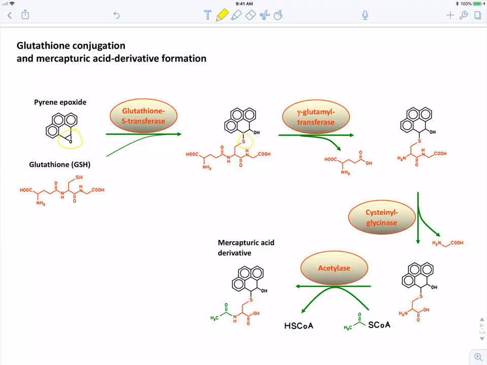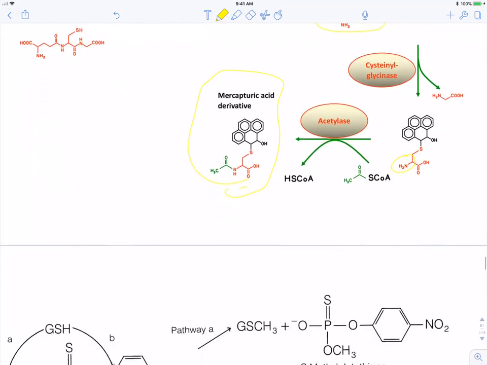Then the glutamic acid gets taken out by gamma-glutamyl transferase, and this is followed by cysteine glycinase, which cleaves off the glycine on the other end of cysteine. And then finally, we get acetylated at the N terminus by acetyl coenzyme A, resulting in the final derivative, which is the mercapturic acid derivative.